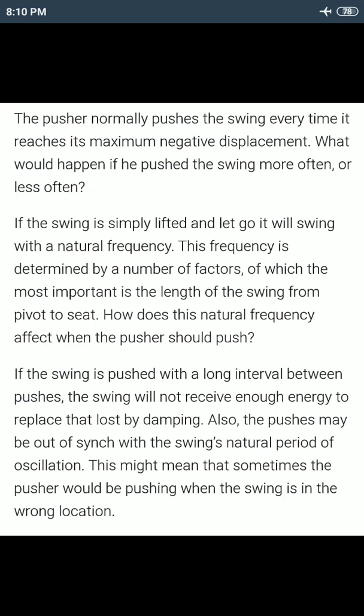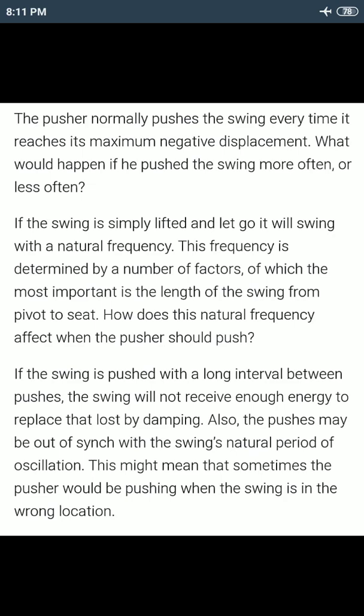If the swing is pushed with a long interval between the pushes, the swing will not receive enough energy to replace what is lost by damping. If he pushes after a long interval, say once after 1 hour, then again once, the person on the swing will not receive enough energy to reach a certain point, because during those 30 minutes, due to air resistance, it will damp and come to rest, and then again he pushes.